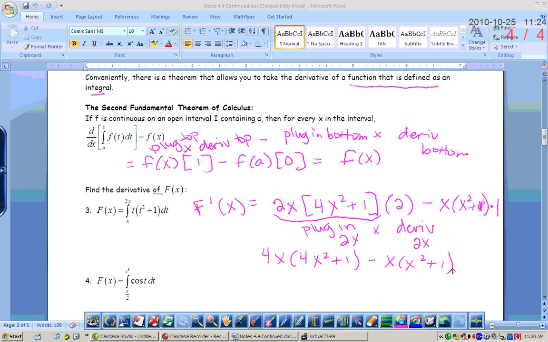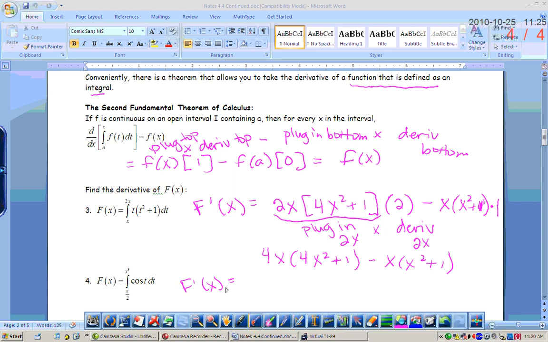Okay, so if you went the long way, the steps would be to distribute your t, integrate, plug in the 2x minus plug in the x, simplify, and then take the derivative. So it really is. Okay. All right, number 4, f prime of x. Is that top limit x cubed? Okay.